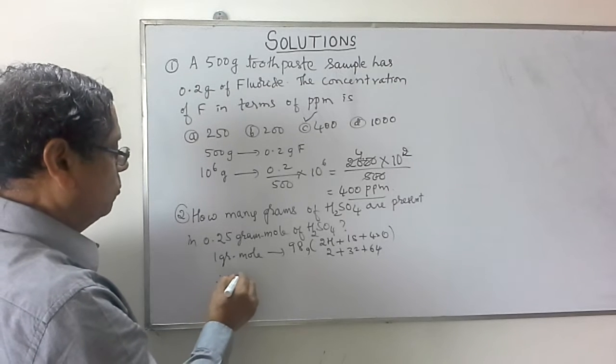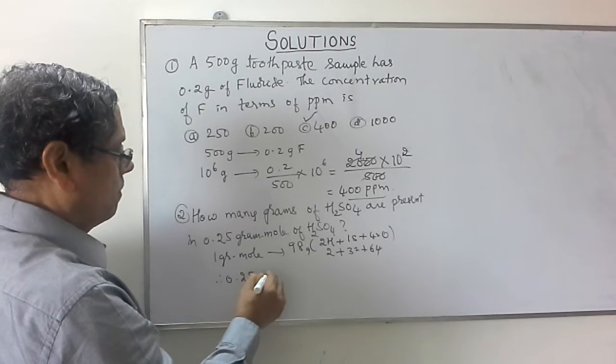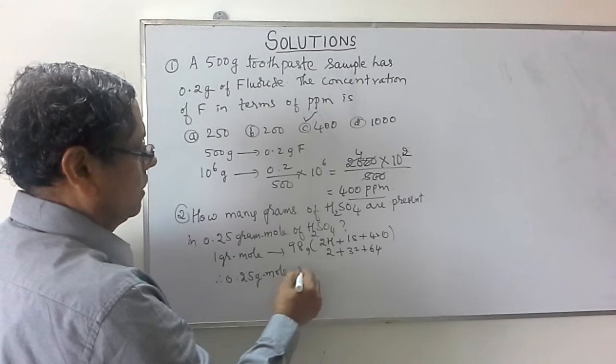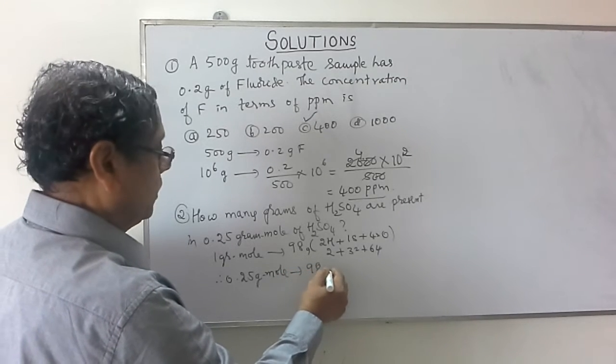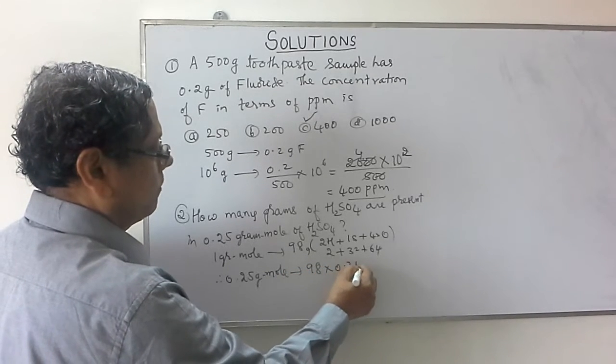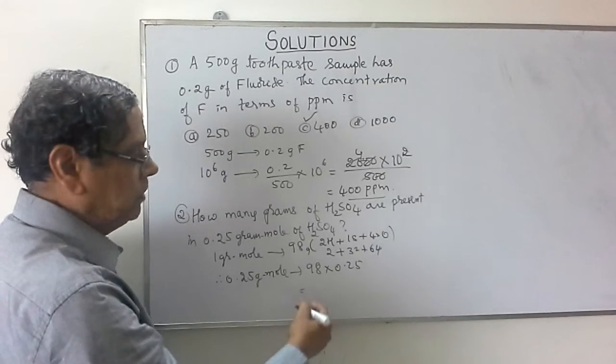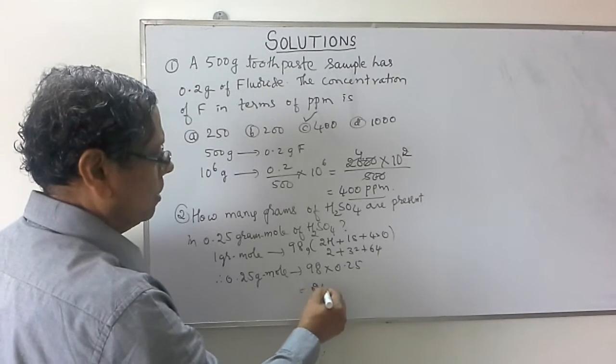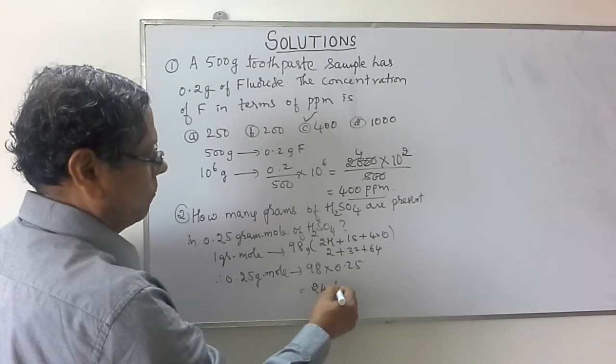Therefore 0.25 gram mole contains 98 into 0.25. It is nothing but 1/4 of this, which is 24.5.